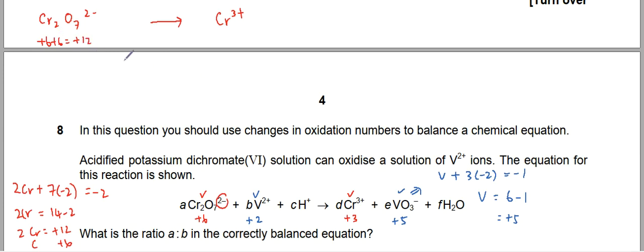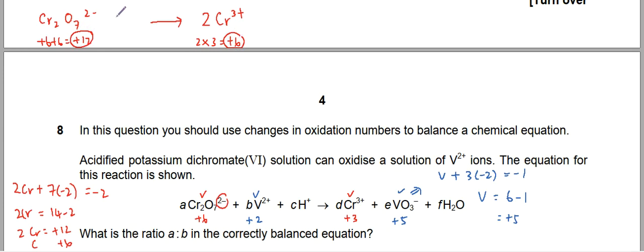Two chromiums here, so we need to balance with two chromiums on the right. The total positive charge here is 2 times 3, which is plus 6. Going from left to right, it's a reduction.